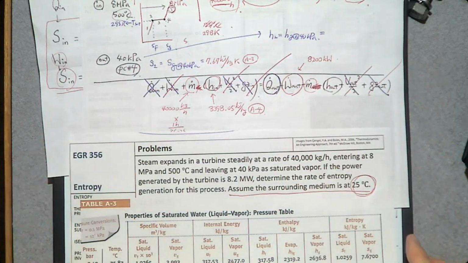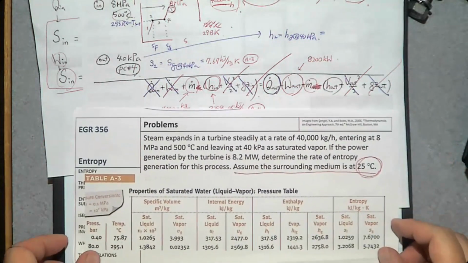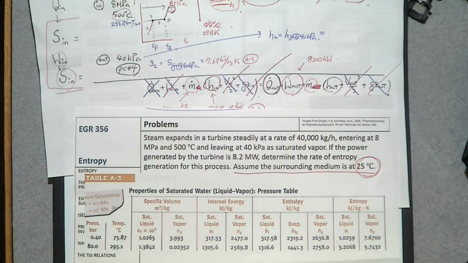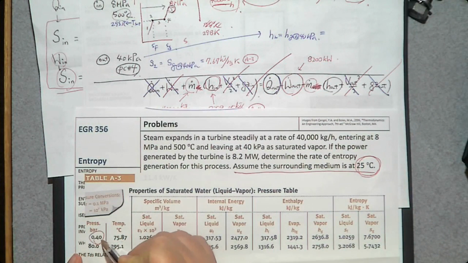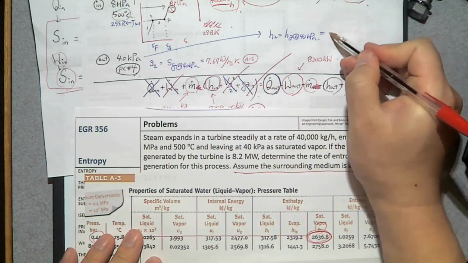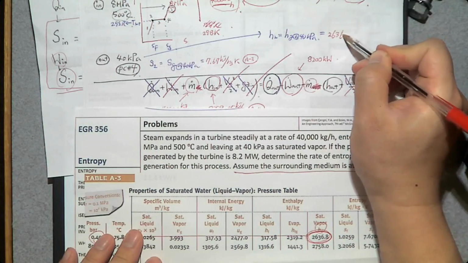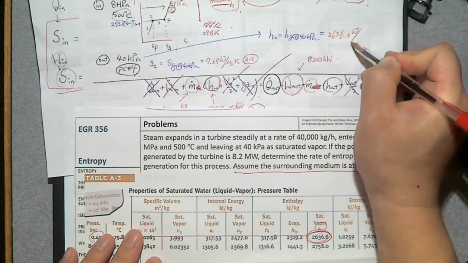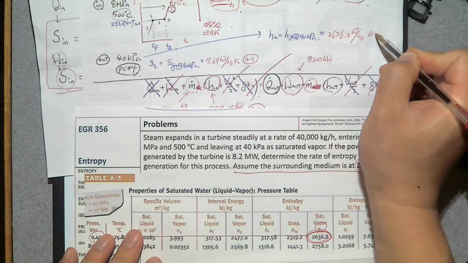So do we know this number? Yes. At 40 kilopascal, hg is here, 2636.8 kilojoule per kilogram. This is from table A3.